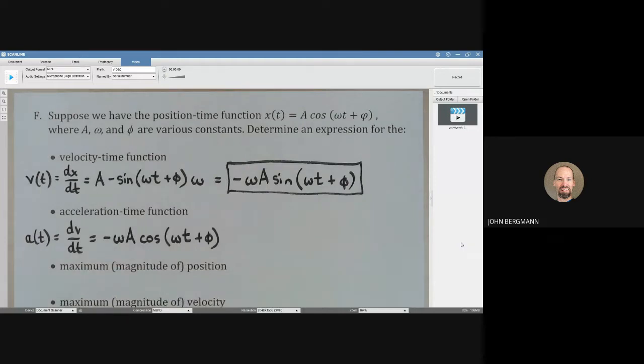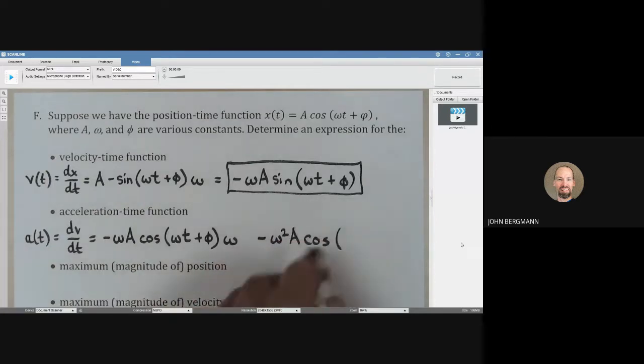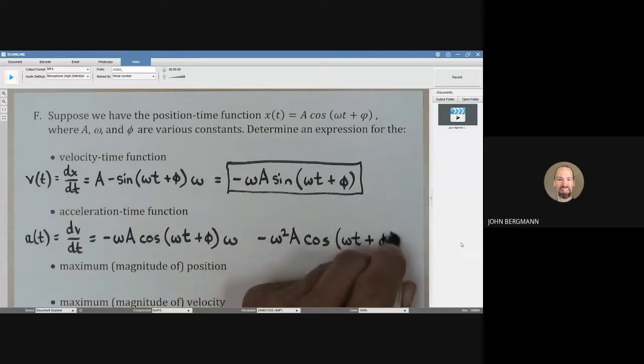And then, since we're differentiating, we have to multiply by the time derivative of the thing in parentheses, which is another omega right there. So when you simplify this, you get negative omega squared A cosine of omega t plus phi, like that.